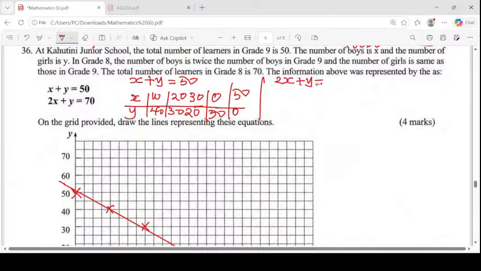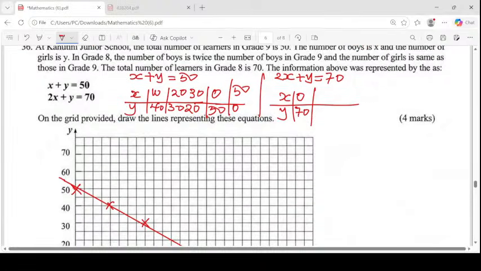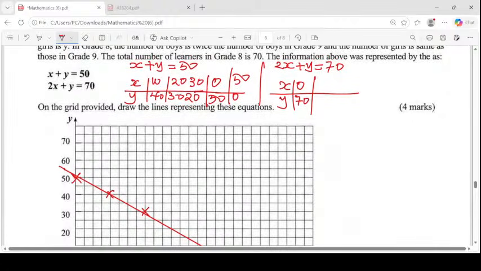When you have 2x plus y being equal to 70, let us see the xy table. When x is 0, y is 70. When x is 10, this will be 20, 50.